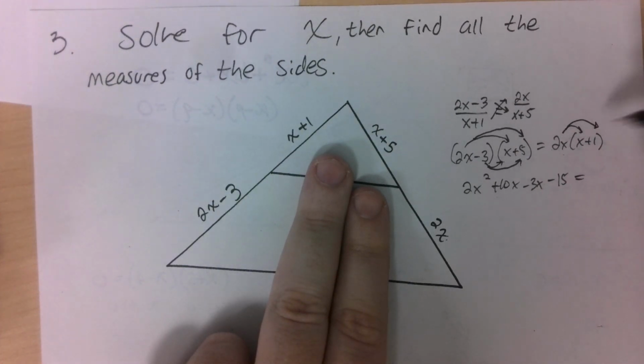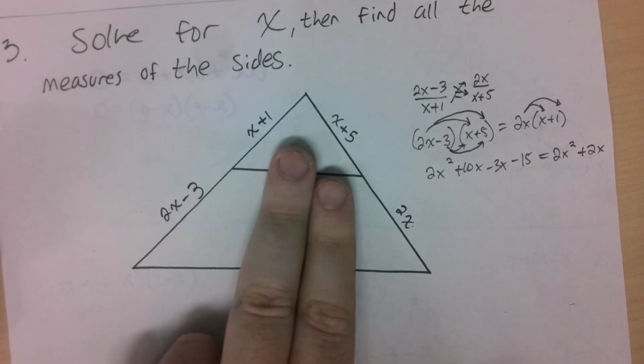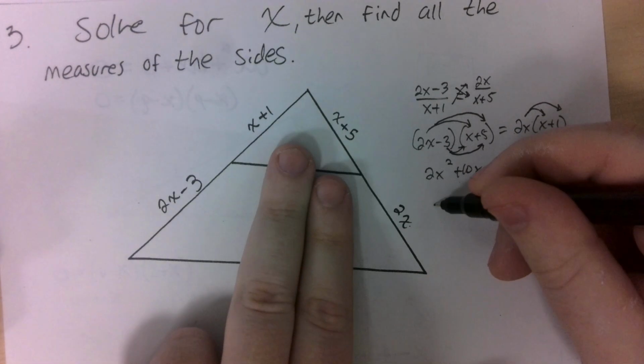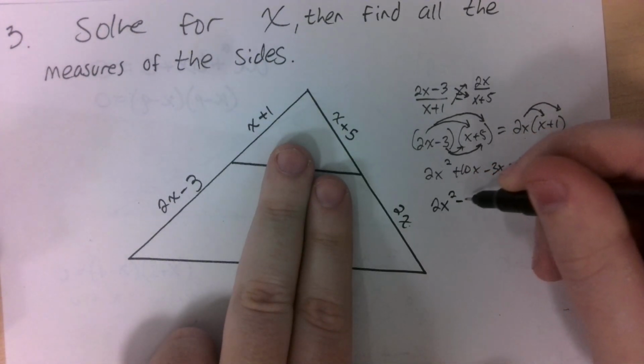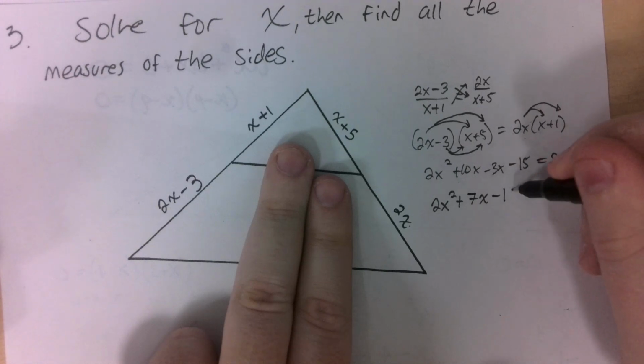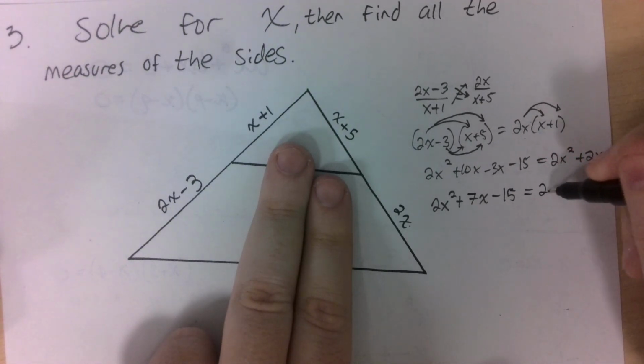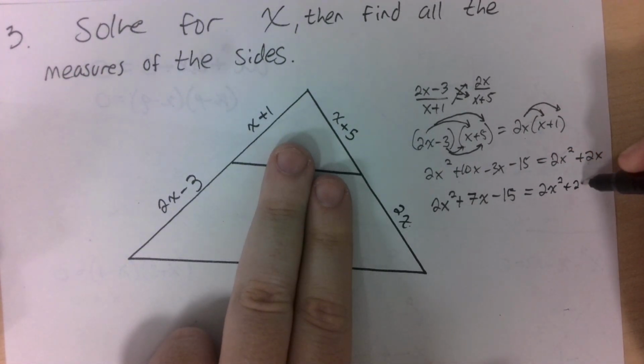On the other side, we only need to distribute once. 2x times x is 2x squared. 2x times 1 is 2x. We notice that some terms can be combined on our left side, so I'm going to get 2x squared plus 7x minus 15 equals 2x squared plus 2x.